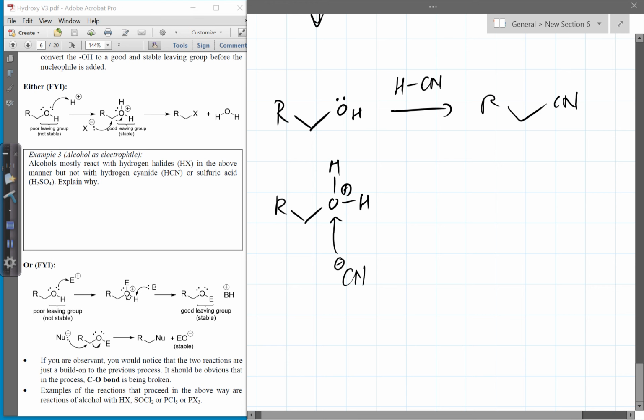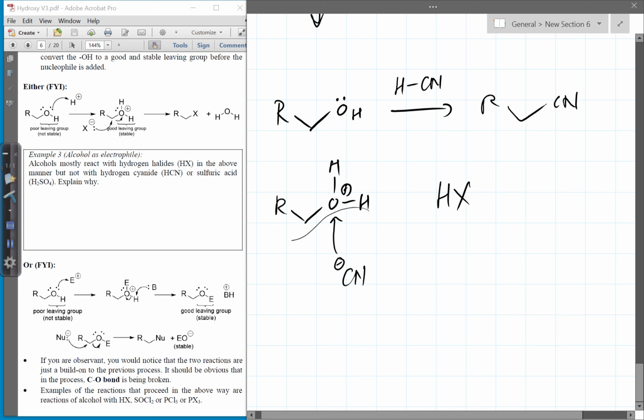Now, is HCN a strong acid? No, HCN is a weak acid. If you compare with all those HX species, HCl, HBr, HI, they are all very acidic, so you can protonate it. But for this, you are actually using a weak acid to protonate a weak base. So this is very, very unfavorable.